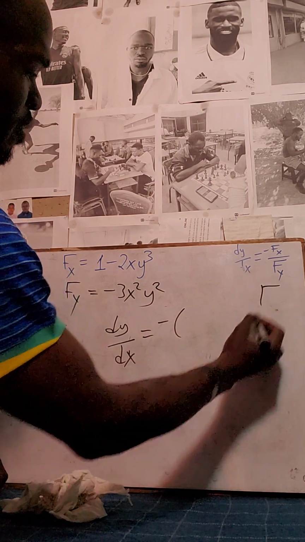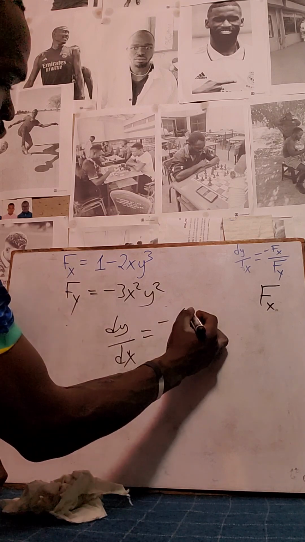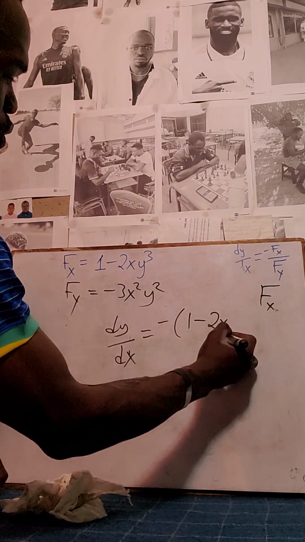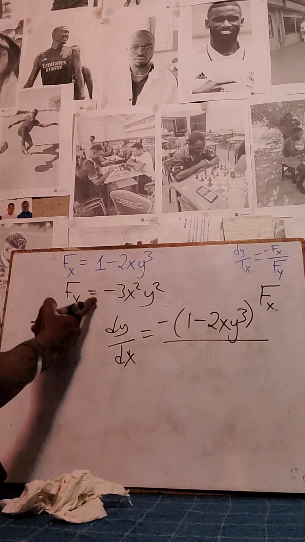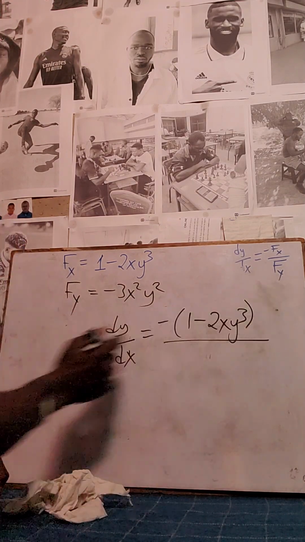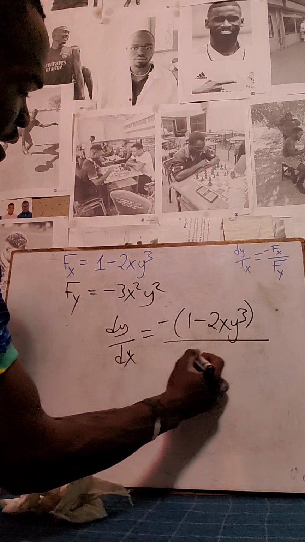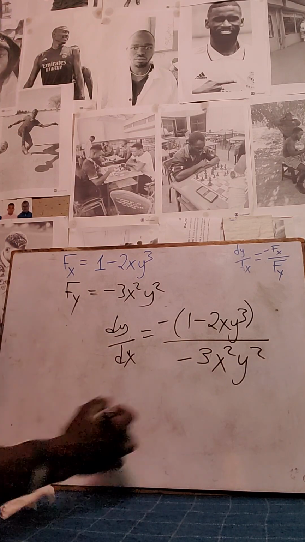So this is the partial derivative of f with respect to x. What did we get? We got 1 minus 2x y power 3 divided by our partial derivative of f with respect to y, which is this one, which is negative 3x squared y squared.